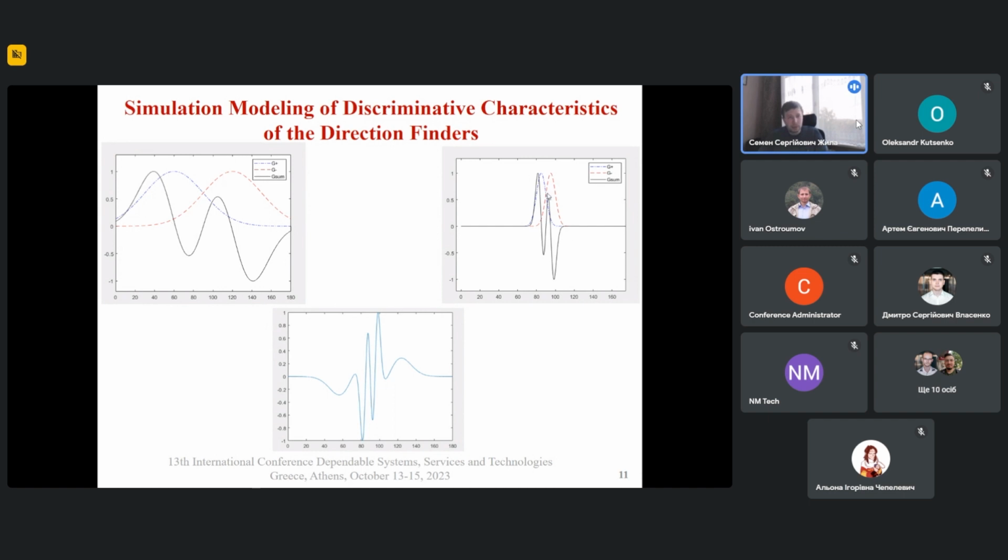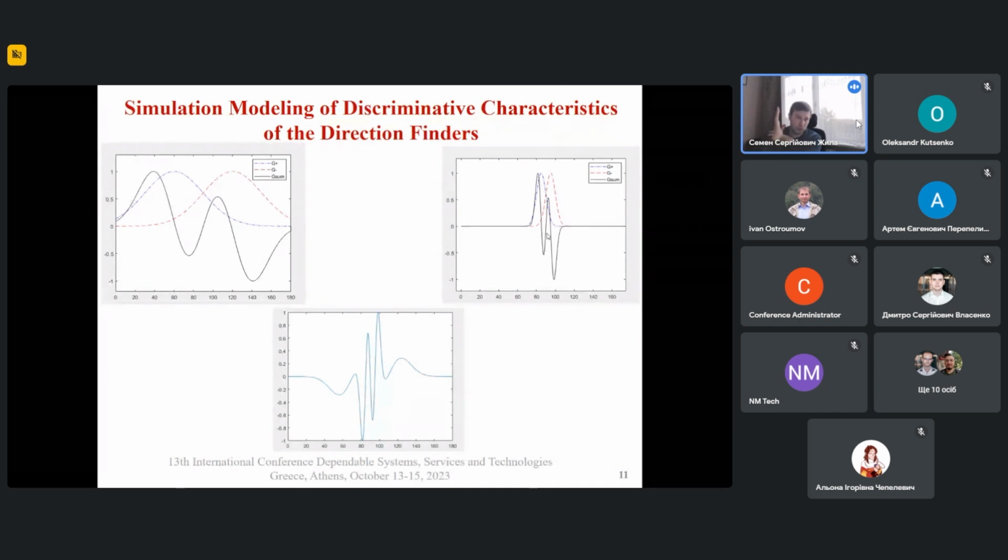In this case, we have two antennas with narrow antenna beams, and in this case, we get a high slope of our discrimination characteristic.